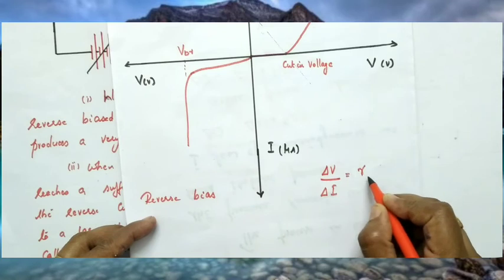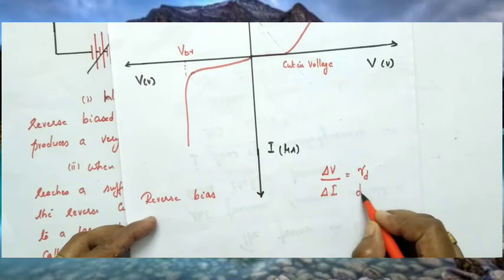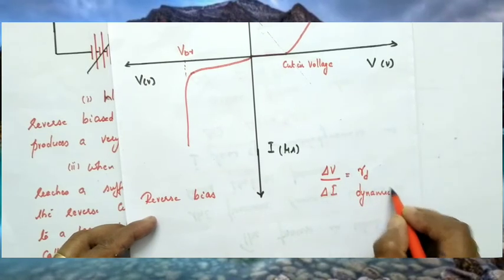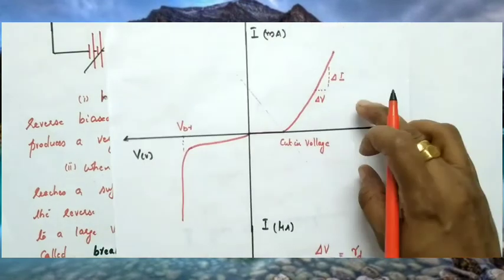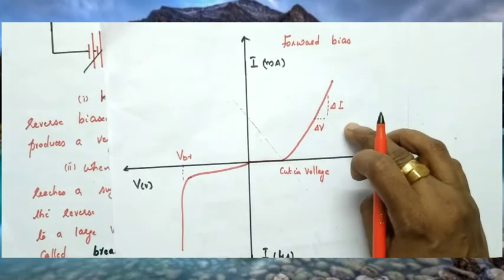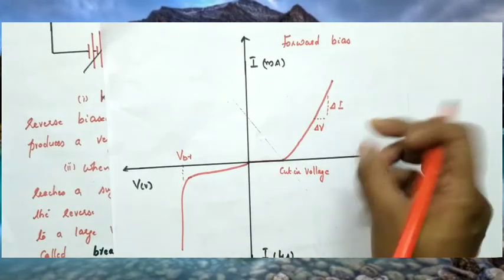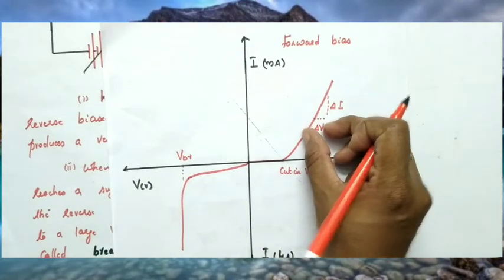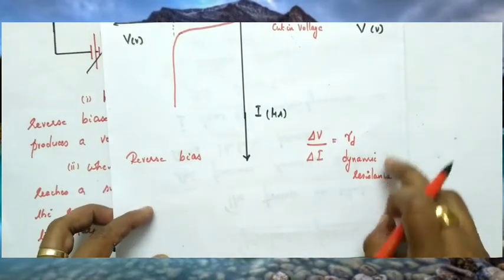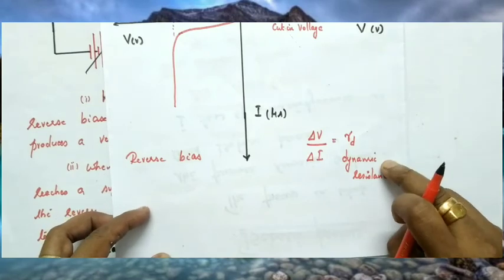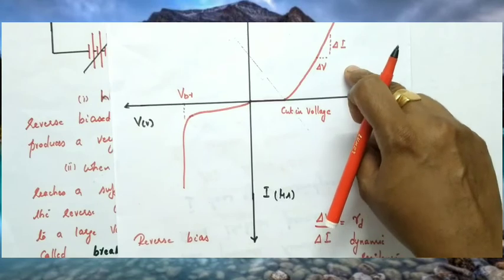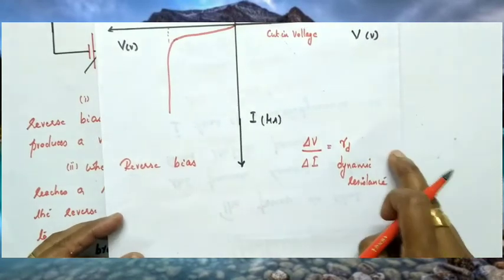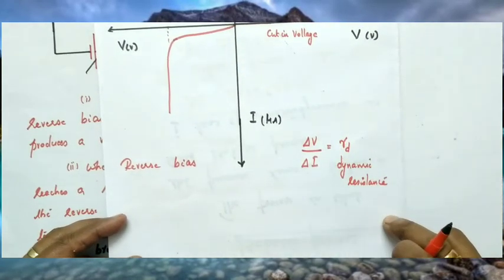It is represented by RD, and that resistance is called the dynamic resistance. Usually this dynamic resistance is very small because it is forward bias, so resistance is less and the dynamic resistance has a smaller value.